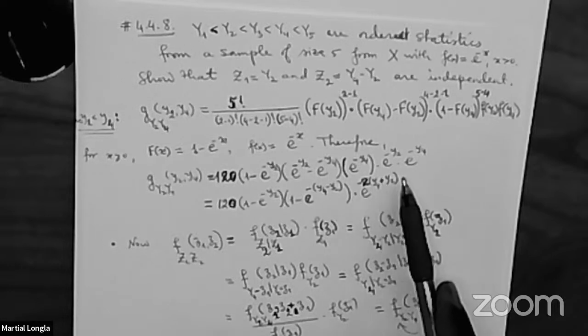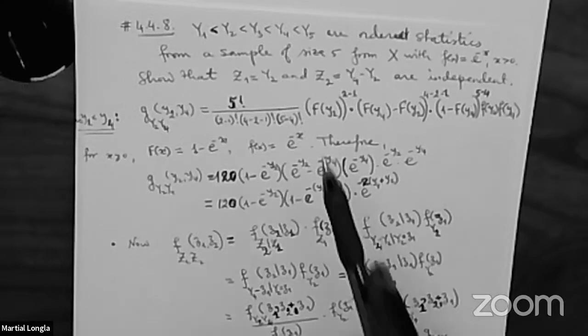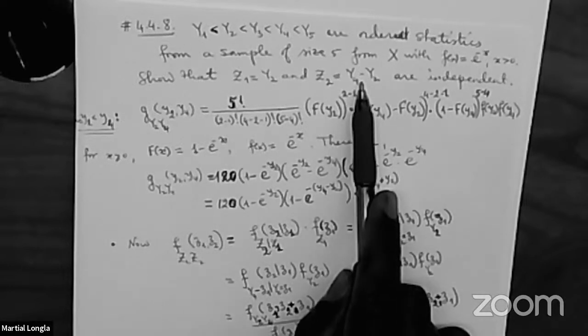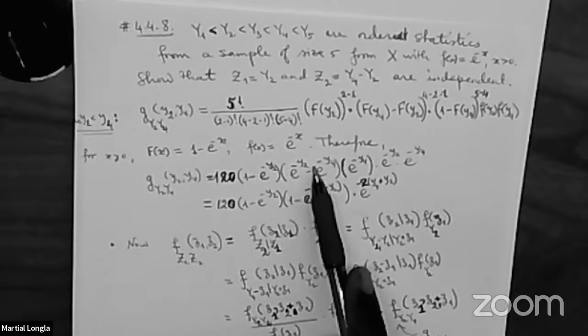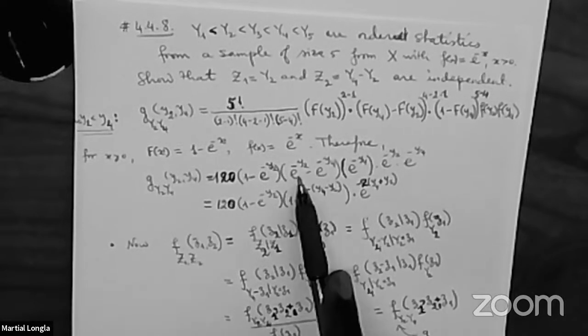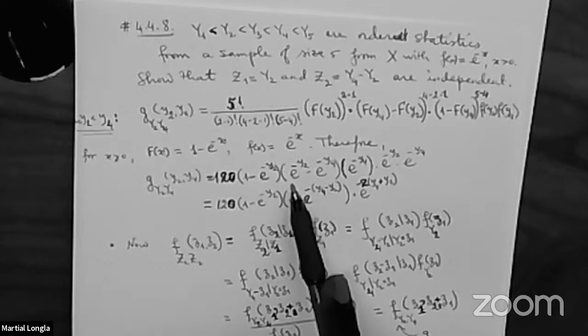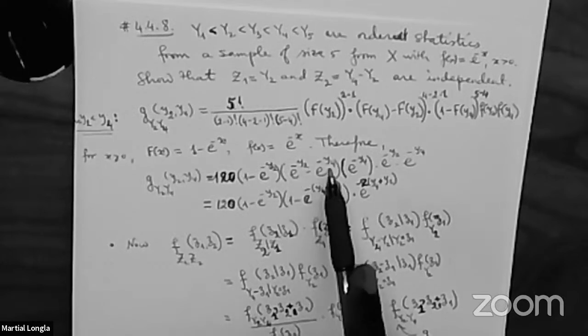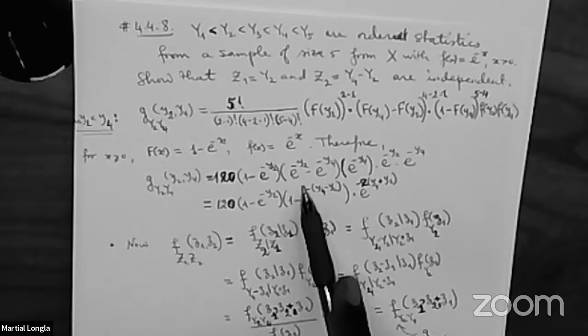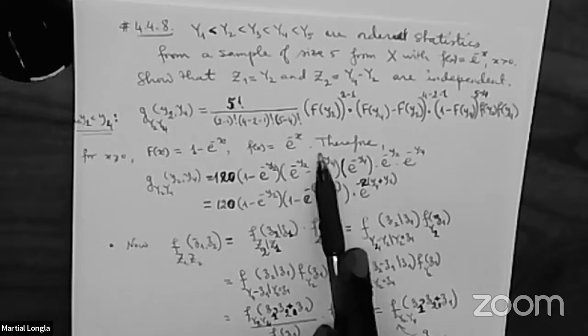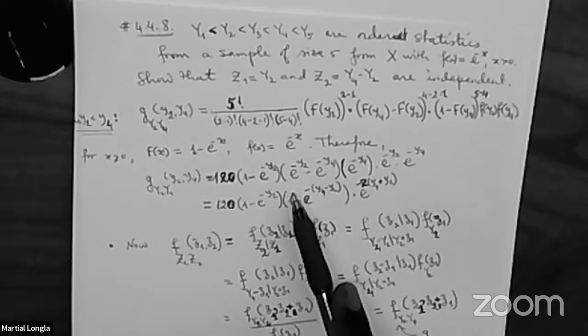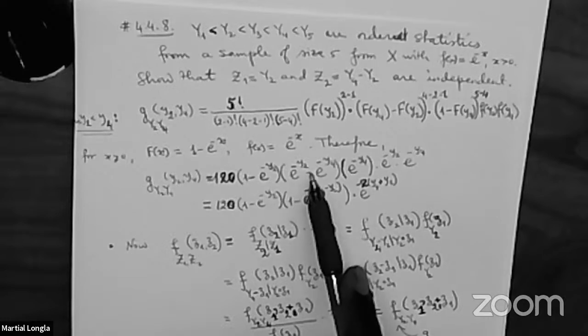So what I further did here, knowing what the question is about, is from this line to this line, I remove e to negative y2 from this formula. Which means I multiply this by e to y2.